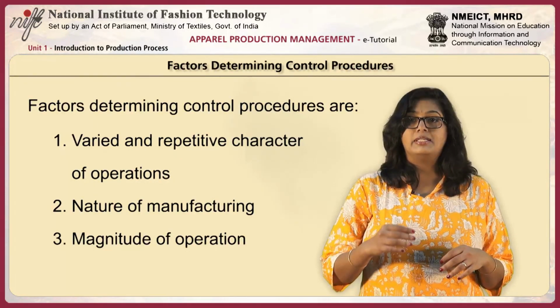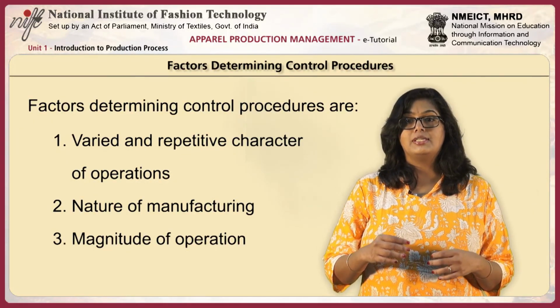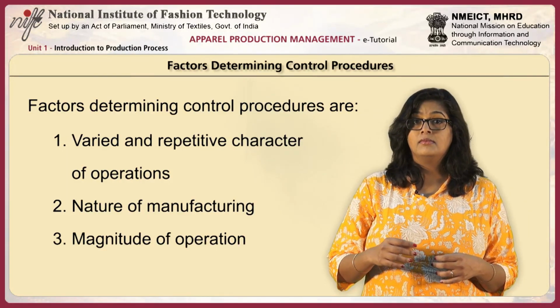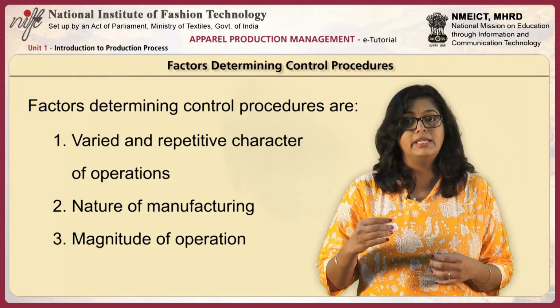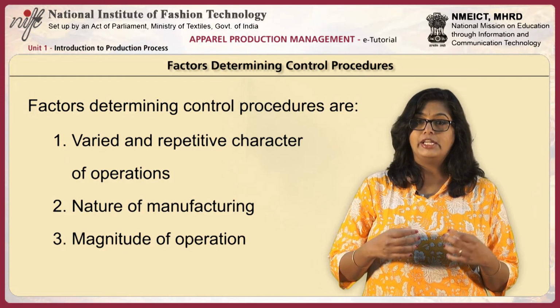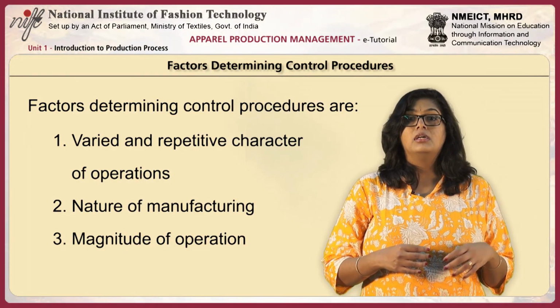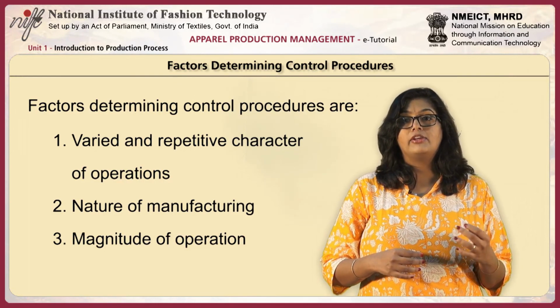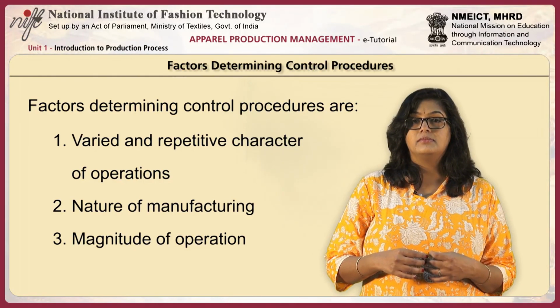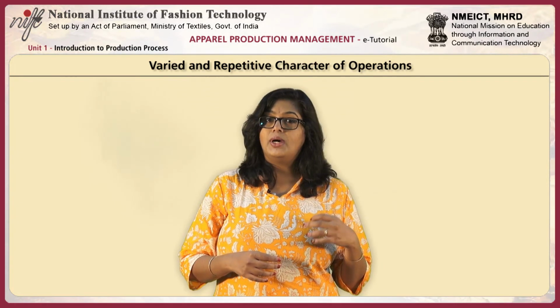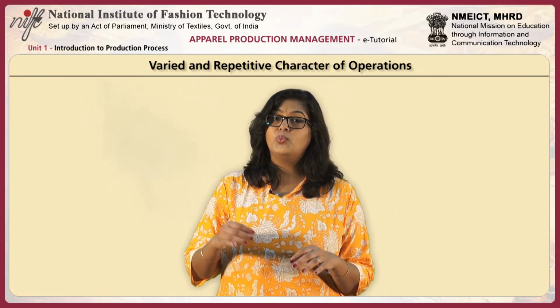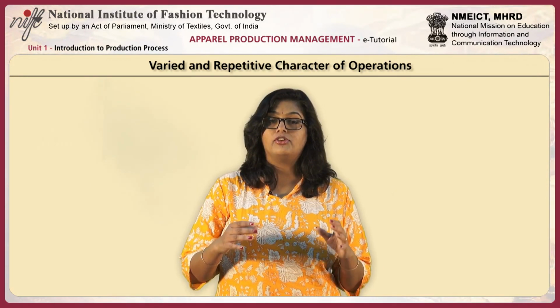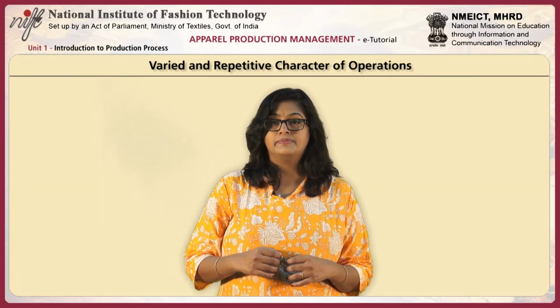Factors that determine control procedures are varied and repetitive character of operations, nature of manufacturing, and magnitude of operation. Let us try to understand what are the varied and repetitive character of operations.